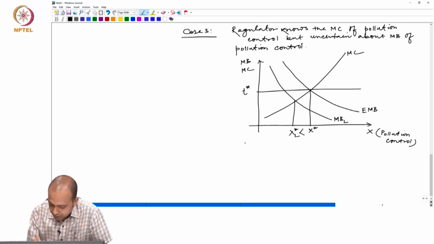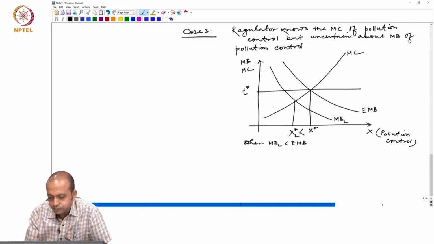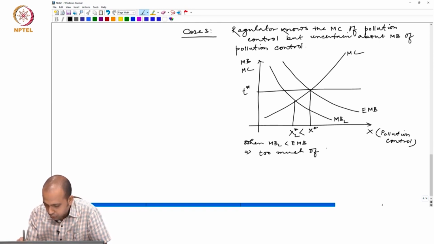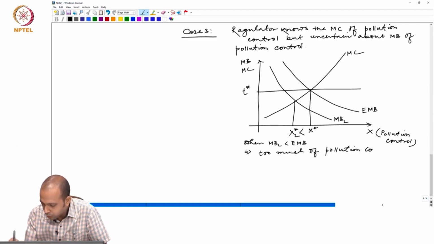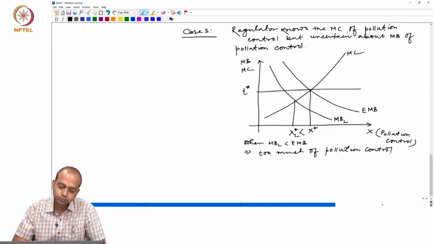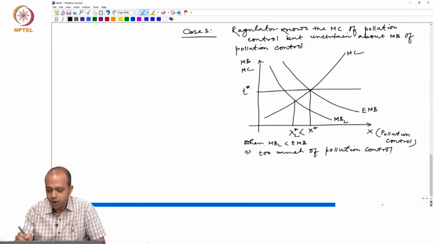So, when MBL is lower than EMB, then too much pollution control, because society wants XL star, but the private player is supplying here, where T equals MC.